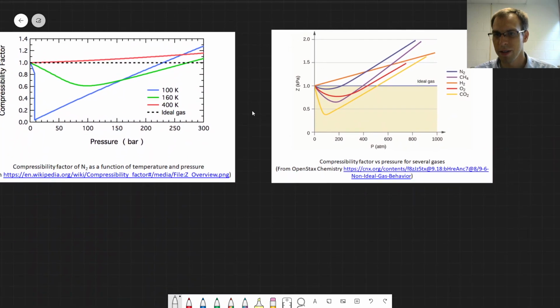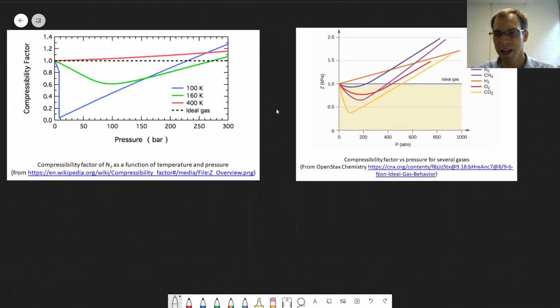On the left, we have a plot for nitrogen. This is a plot of Z, the compressibility factor, as a function of pressure in bar. Low pressures on this plot is just this region over here, at around 1 bar, and you can see everything is pretty close to 1, if not exactly 1.